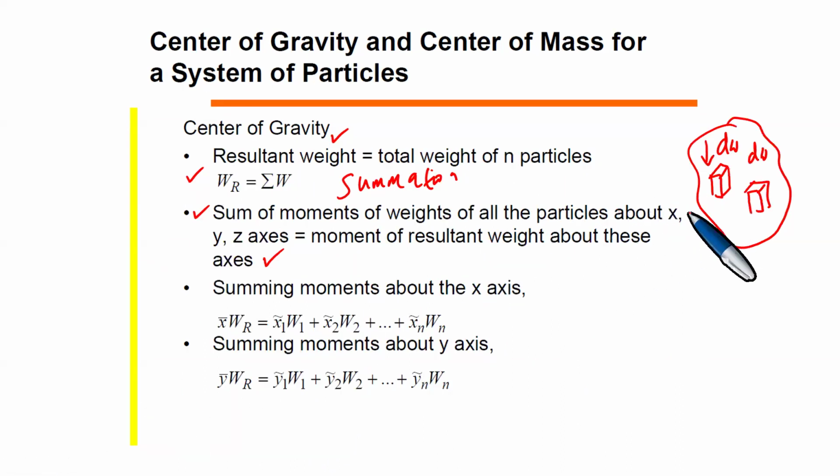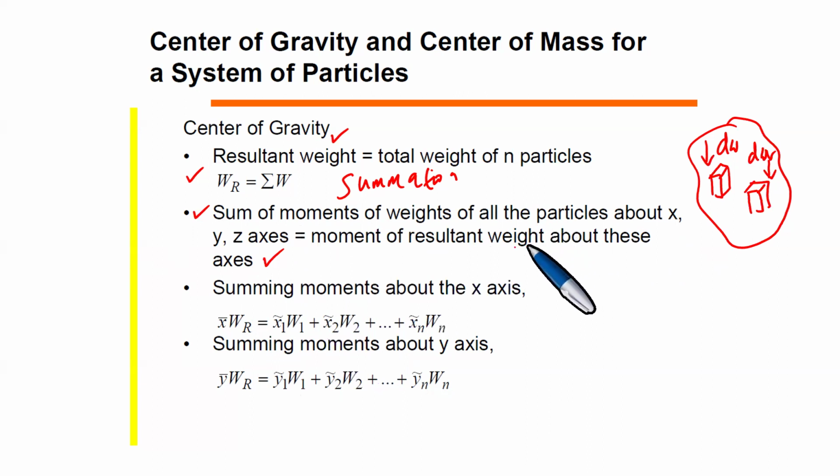Even this has its own individual dW, and so on. Now if we want to find the resultant weight, we add all these weights for the n particles. Then we say the sum of moments of weights of all the particles about the x, y, and z axis is equal to the moment of the resultant weight about these axes.